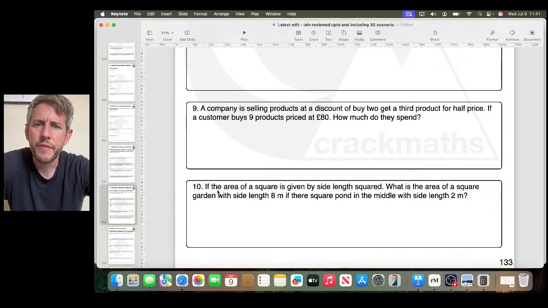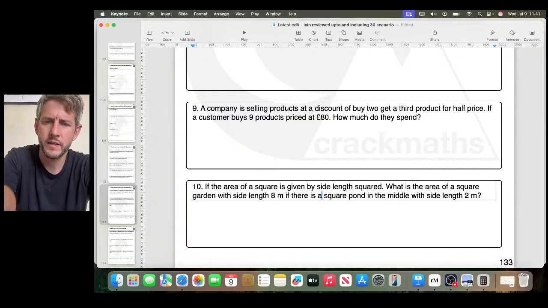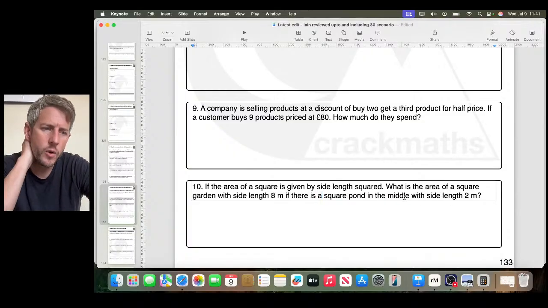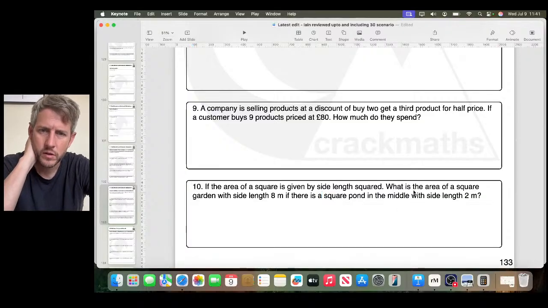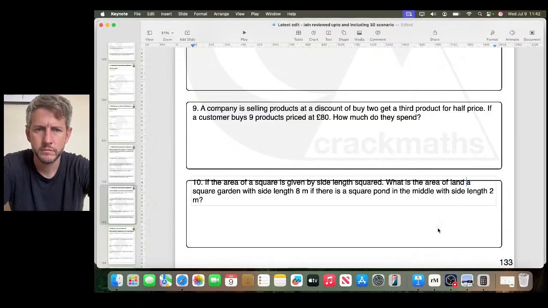Okay, if the area of a square is given by side length squared, what is the area of a square garden with side length 8 meters if there is a... Oh, I see what the thing about the grass was. What is the area of a square garden? What is the area of land? Okay, and then let's change that back to meters.